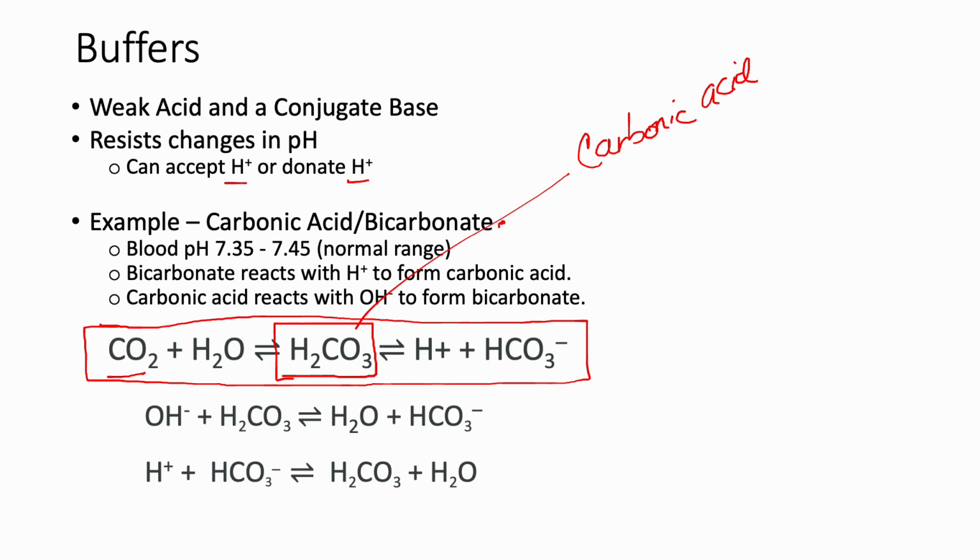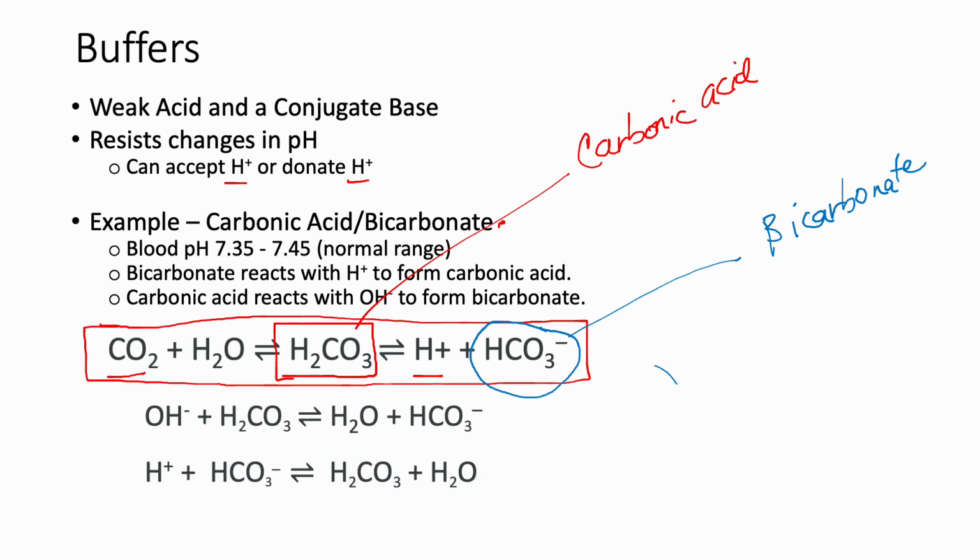Also, we can see that carbonic acid has arrows going to the right. That's also reversible. It can dissociate into a hydrogen ion and its conjugate base. So I'm going to change colors real quick and put a circle around this. Okay. This is the conjugate base, bicarbonate. Okay, so we have a pair there. We have the acid, carbonic acid, and the conjugate base bicarbonate.